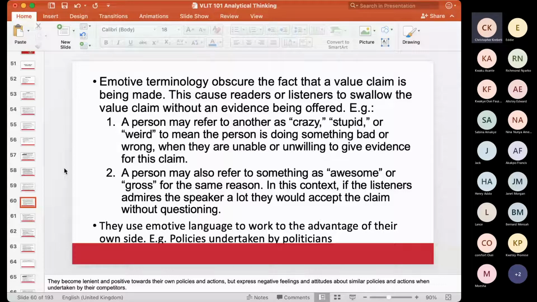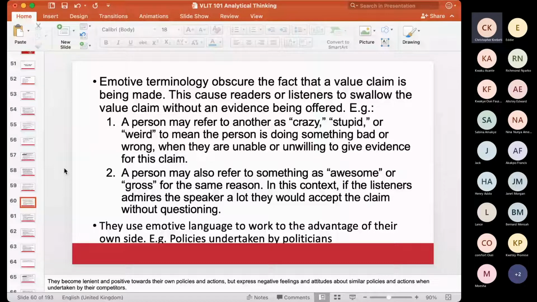Most of you have been doing it. What you're doing is crazy, eh? It's crazy to say that you're doing something wrong. Or probably the person is in a wrong relationship or the relationship is not helping and they'll go describing it as weird or stupid. They're just telling you it's the wrong one for you. But because they don't have evidence to offer you, they will go that way.